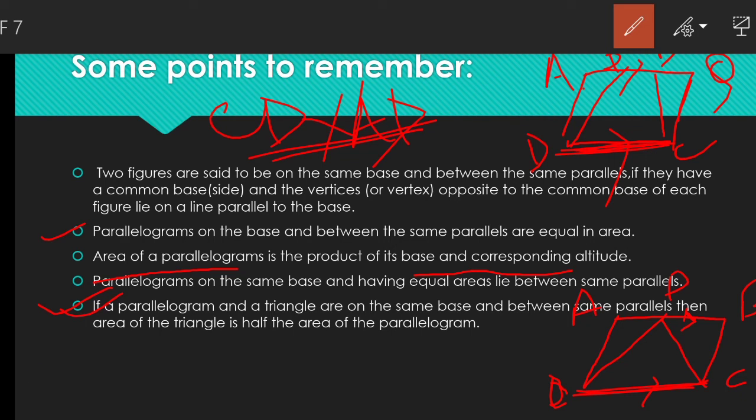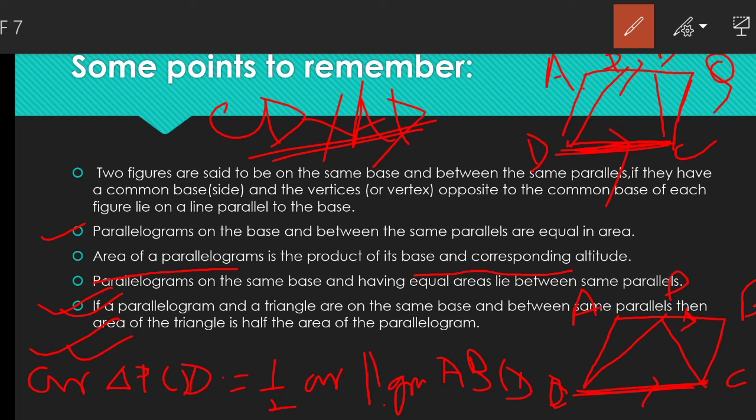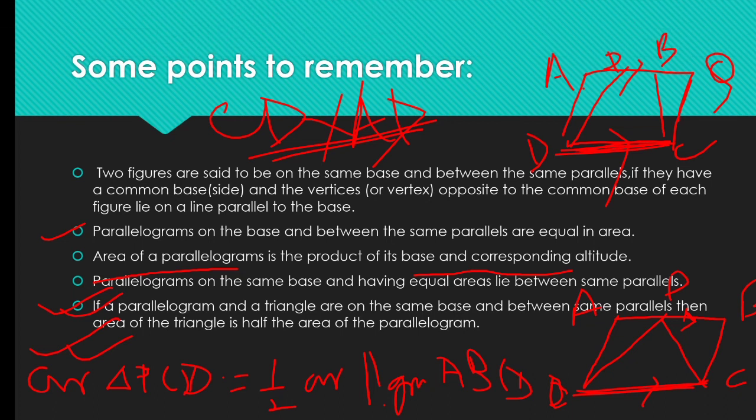So we can say that the area of the triangle PCD is equal to half of the area of the parallelogram ABCD. So this is one point to remember, we will use it many times in this exercise, so it is very important.